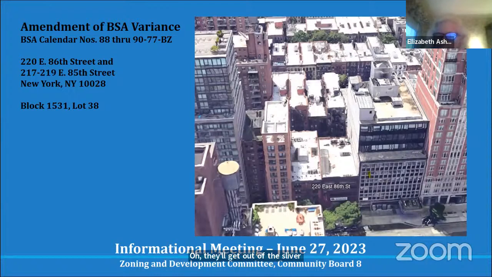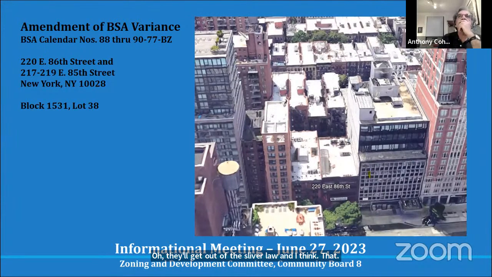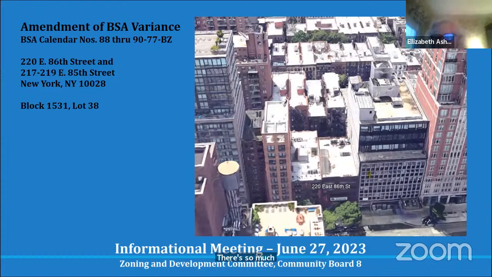And I think that there's so much in this transfer of air rights that I don't think that they could squeeze it all in the receiving site without cantilevering. So that's one of the concerns.